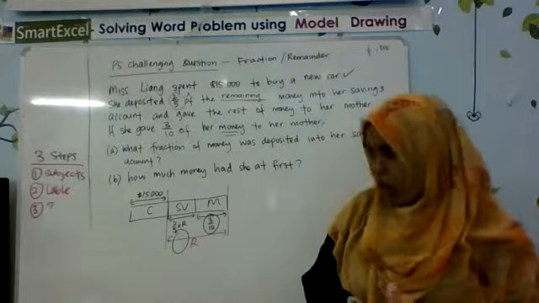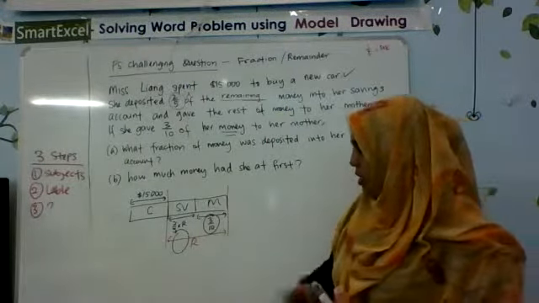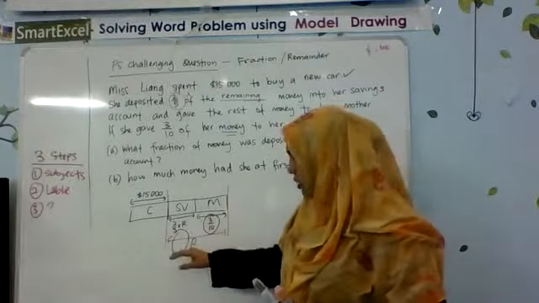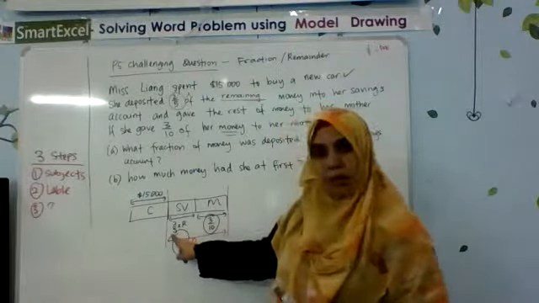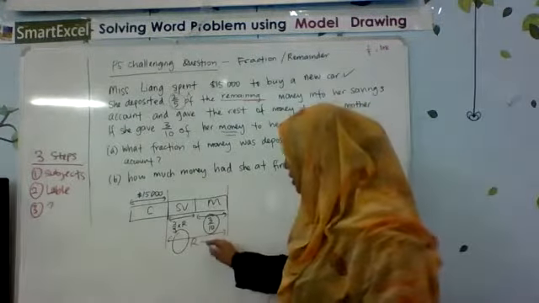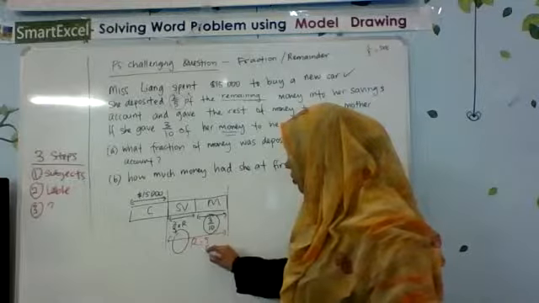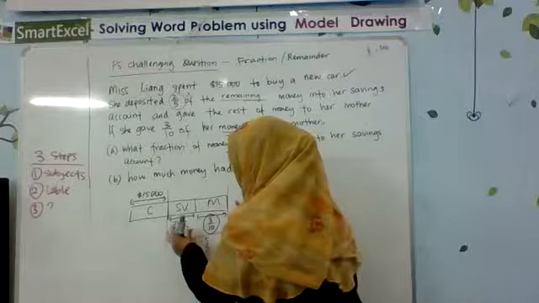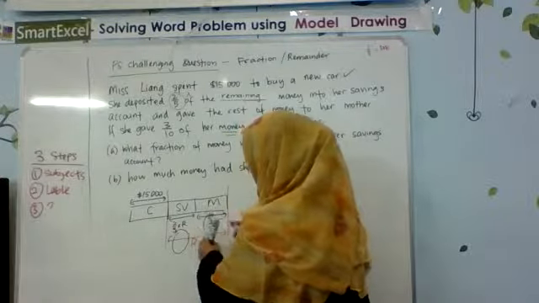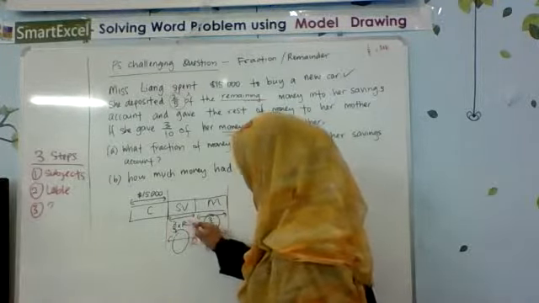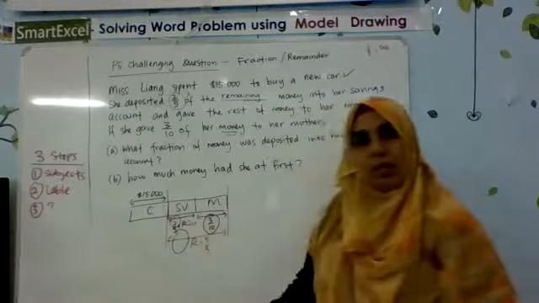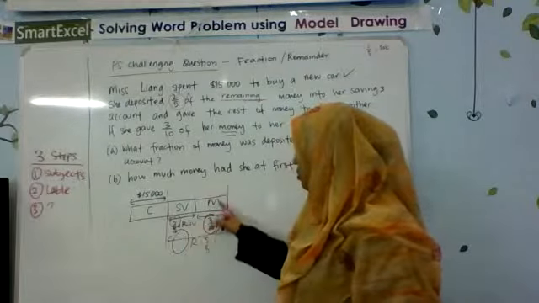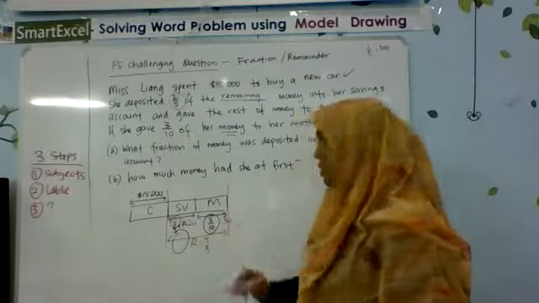So how do we do this? We see here 2/5 of the remainder. The remainder is 5 units, and you minus the saving of 2 units, so the mother here is 3 units.